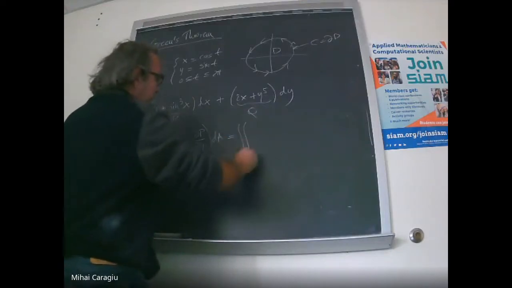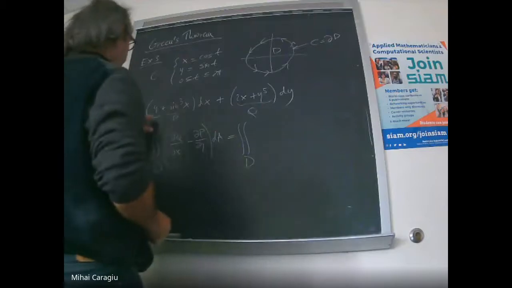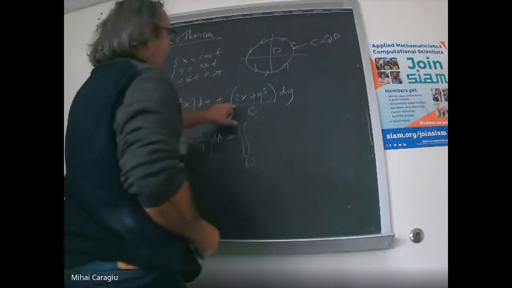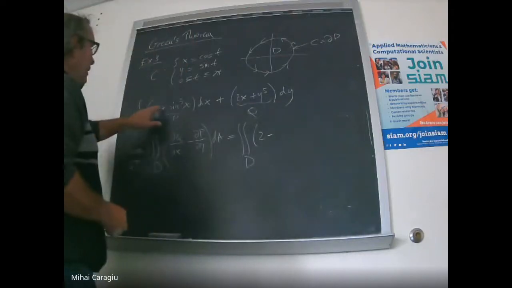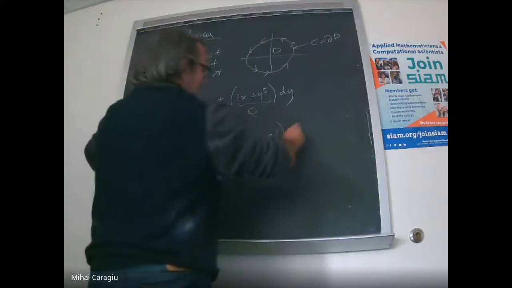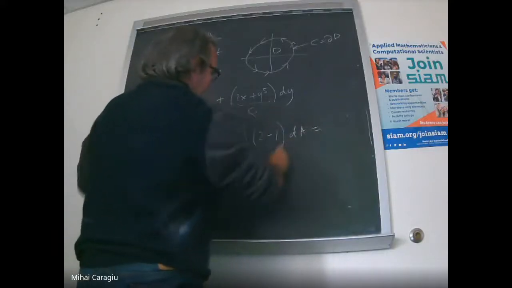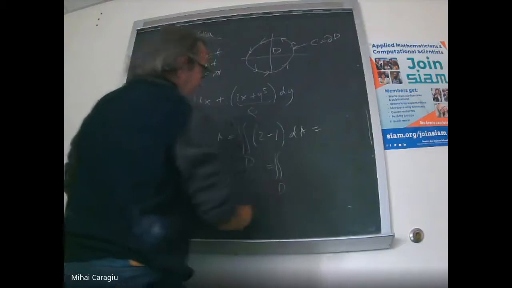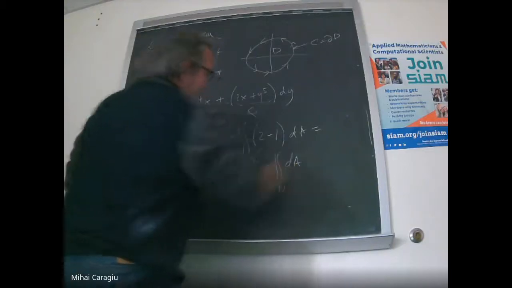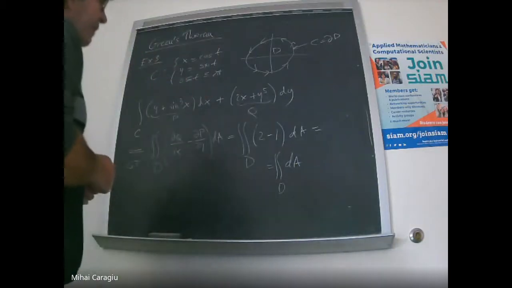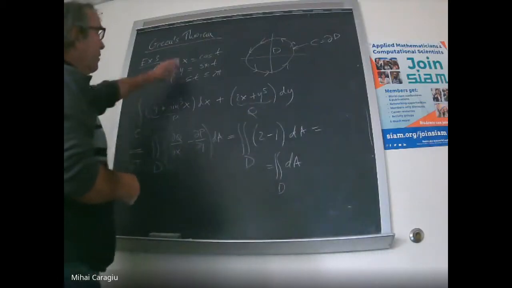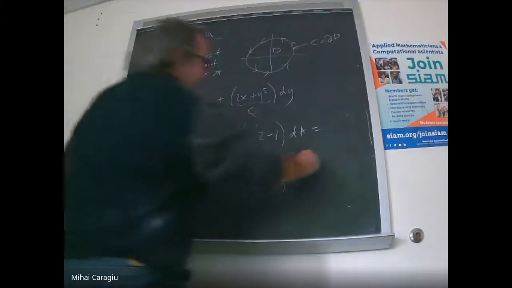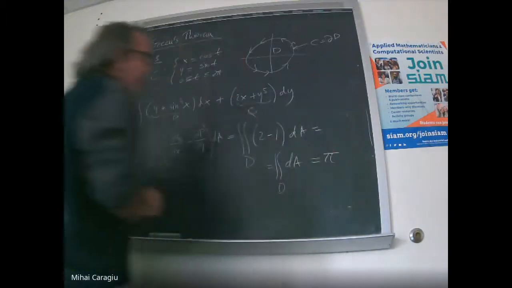That will be double integral over D of dQ over dx, which is just 2, minus dP over dy, because sin cube x does not depend on y, is just 1. And we get double integral over D of dA, and the double integral over D of dA is just the area of the plane domain D. So in this case, the area of the unit disk equals pi.